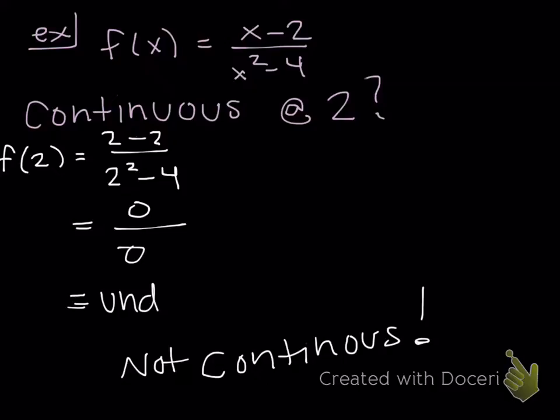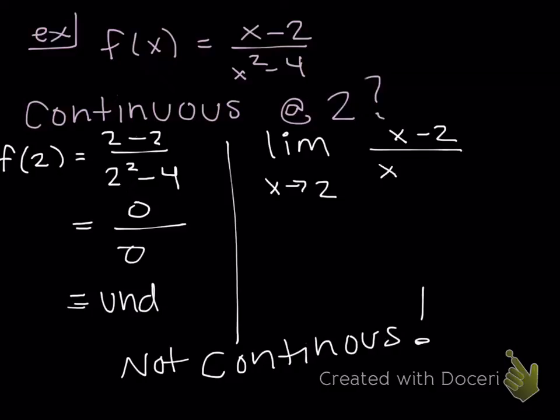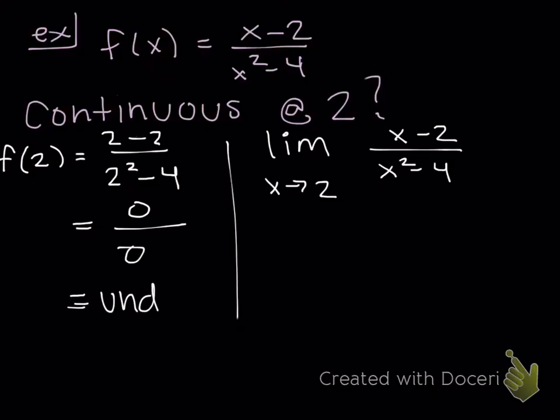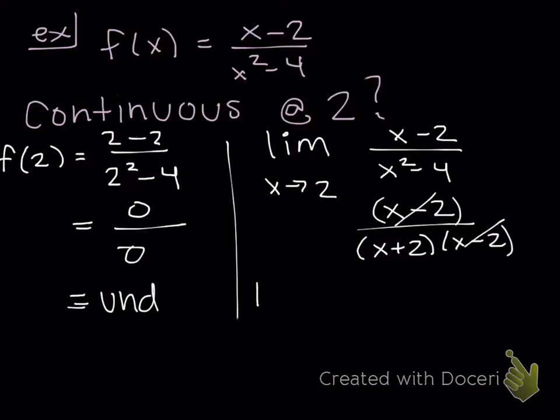Even though this one is not continuous, we can still find the limit as good practice. The limit as x goes to 2 of x minus 2 over x squared minus 4. I know that the bottom is a difference of squares, so I have x minus 2 on top, and on the bottom I'll have x plus 2 times x minus 2. So a set of these x minus 2's can cancel.